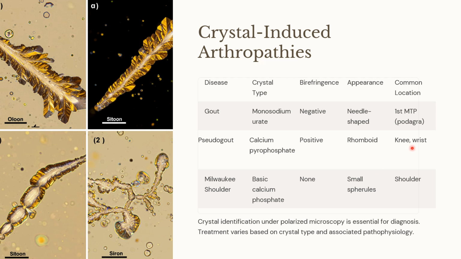It happens in the knee and the wrist. There is another entity known as Milwaukee shoulder. Here it is a cold shoulder, that is, it is non-inflammatory. The crystal type is basic calcium phosphate. It doesn't show any birefringence, but it appears as small spherules. So just basic calcium and phosphate are present, and it is seen in shoulders.